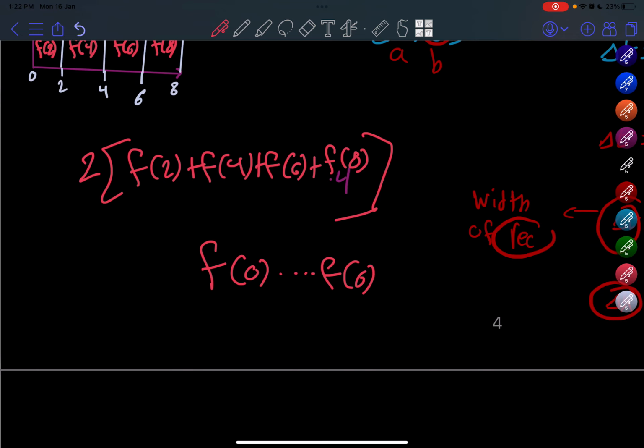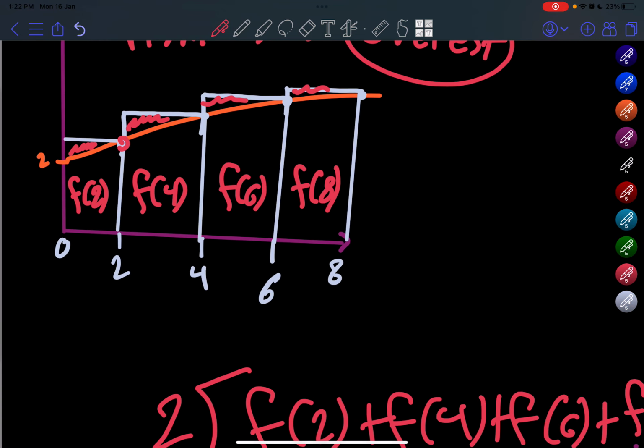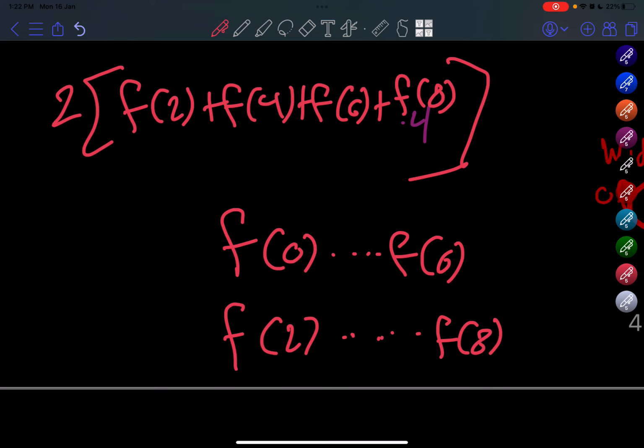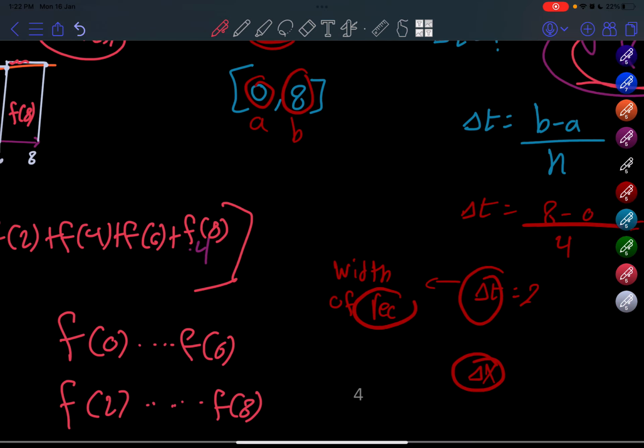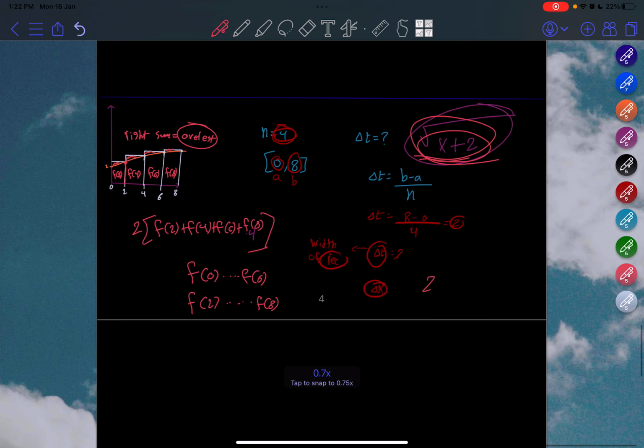But in the right sum, we started from f of 2 because, as we can see here, this is the first point at 2. It did not start at 0 like the left sum, which means that it will start from f of 2 till f of 8. And we sub in each of them in the equation, which is the square root of x plus 2. Then we times it by 2, which will get us the answer.